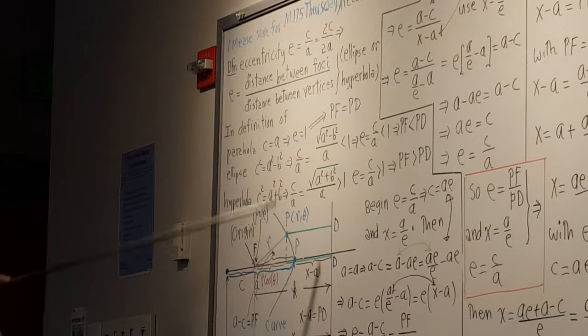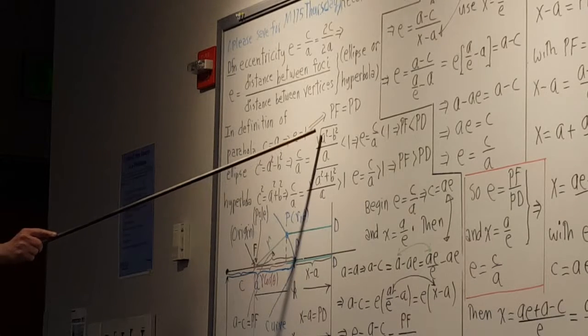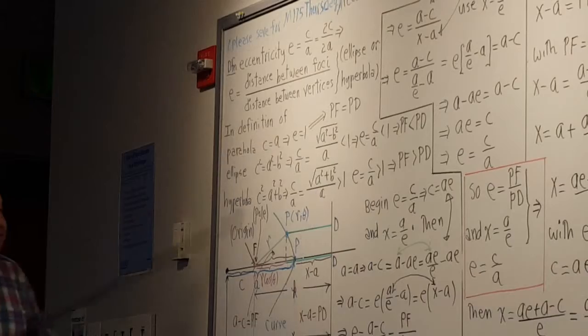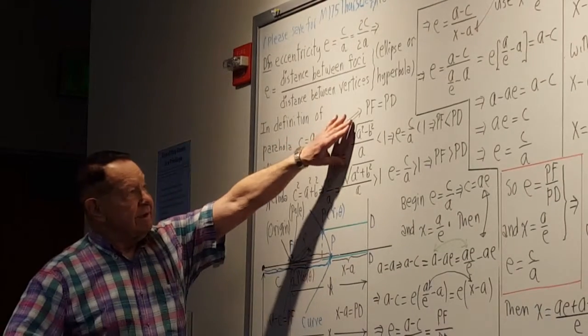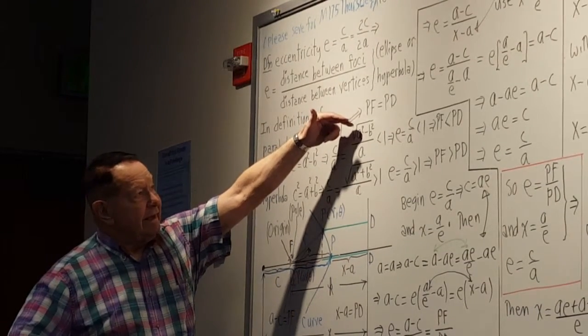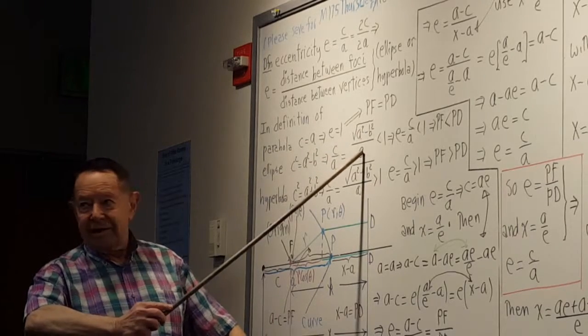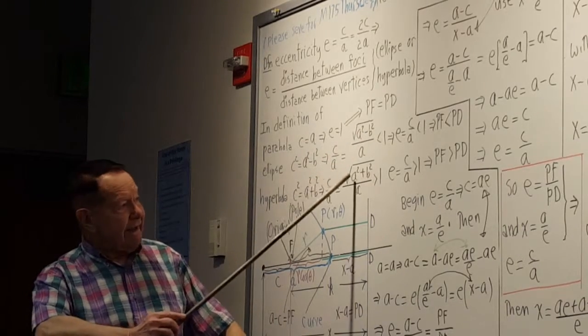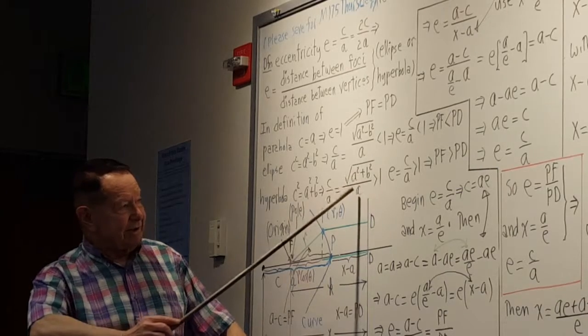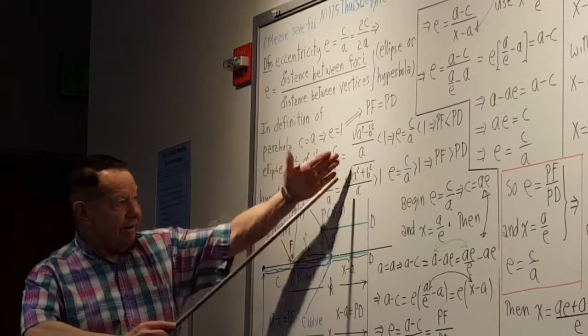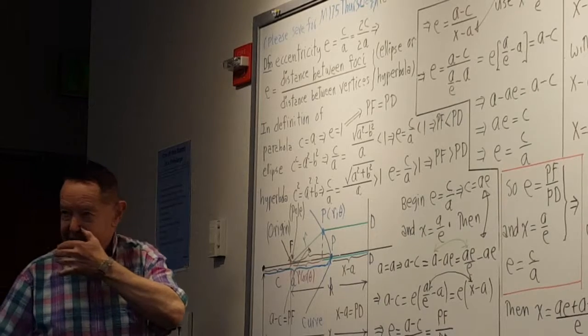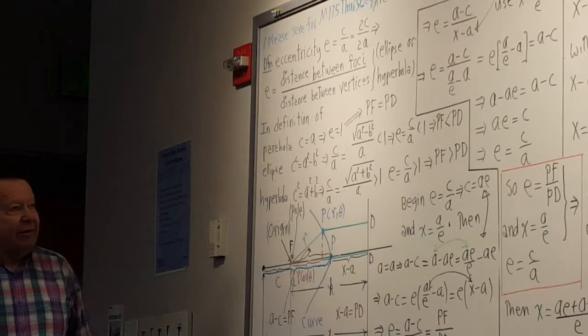In other words, if I wanted to, I could have rewritten it so that I had a single square root sign, and I had a squared minus b squared over a squared here, and a squared plus b squared over a squared here, all under a single square root sign. Maybe that would have been better.